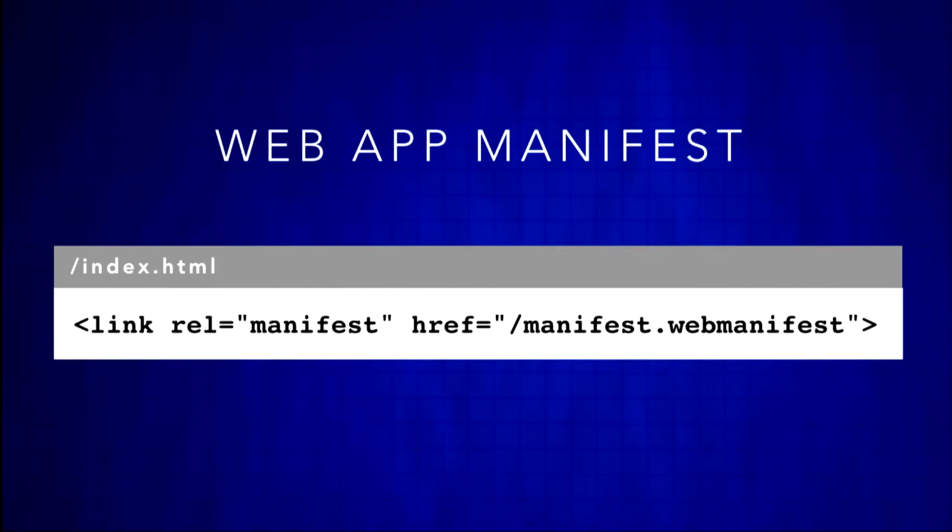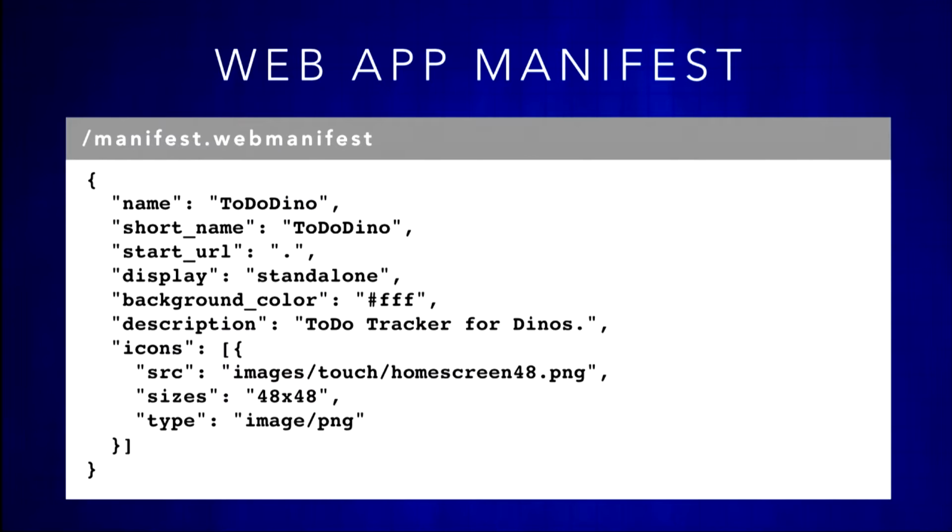You should link to it from your HTML, and the contents include the name, short name, description, icons that will be used on your home screen, also a background color that will be displayed before the app shell loads, so that you can provide a continuous experience from the time that app is opened to the time it's fully loaded.